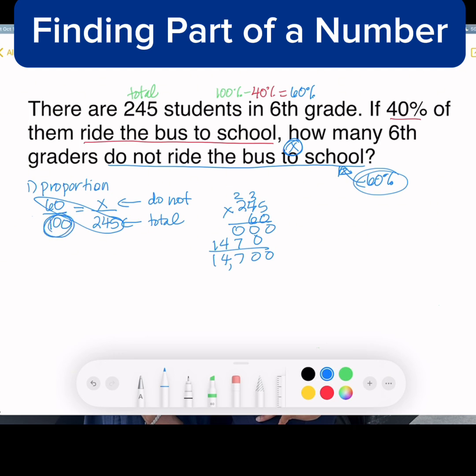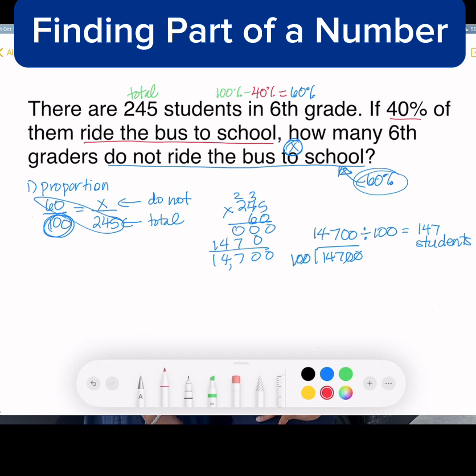So 14,700 divided by 100, we know that that's just 147 students. And they can do that. Okay, your kids could also just set it up and just do the division this way. But we know what happens when we are dividing by that 100. That's one way to do this problem.